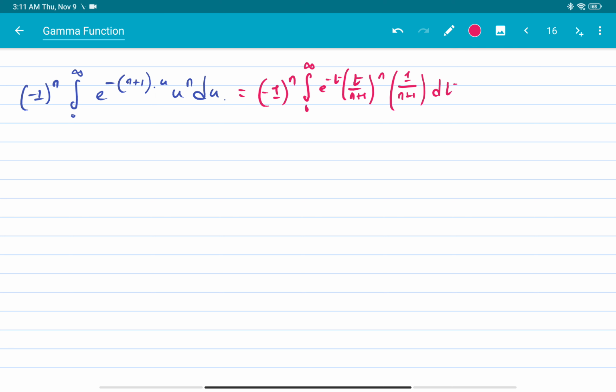Okay, so we can write this minus 1 to the power n times 1 over n plus 1 raised to the power n plus 1 as well.